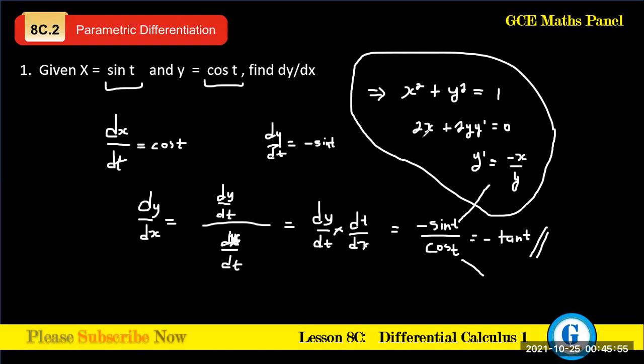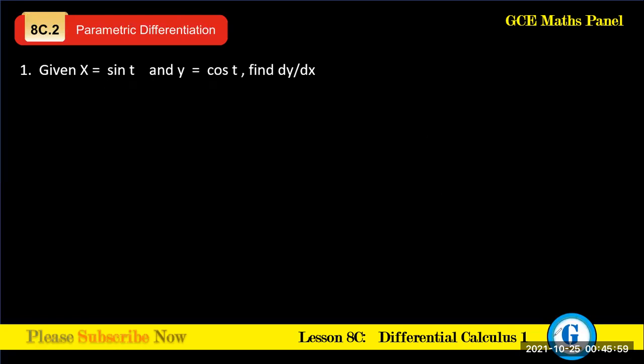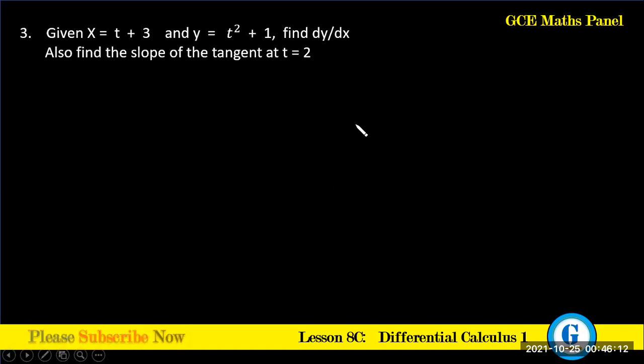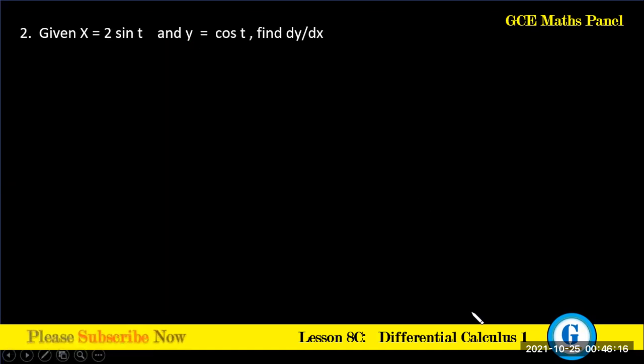Right, next question. Given that x is equal to 2 sine t and y is equal to cos t, find dy dx. So this one can equally be answered in two ways. So here, let us look for dx dt and dy dt.